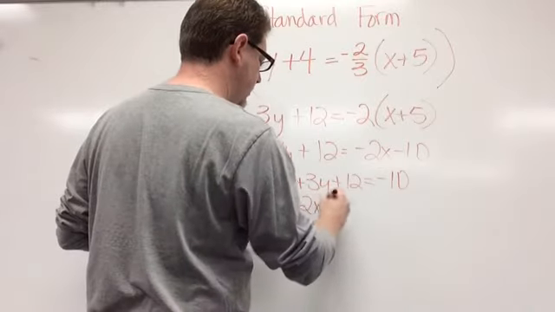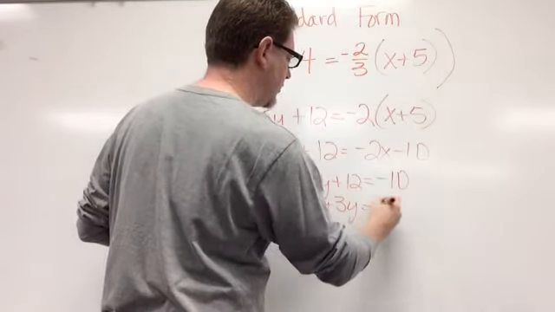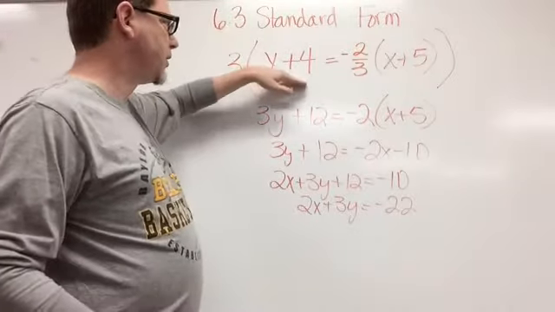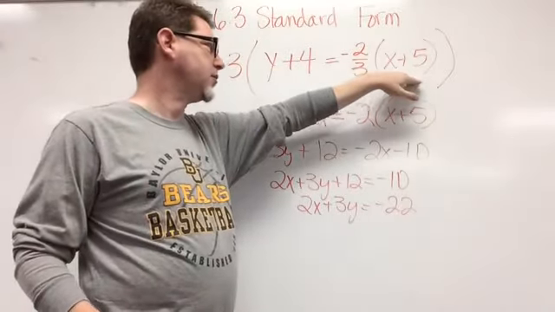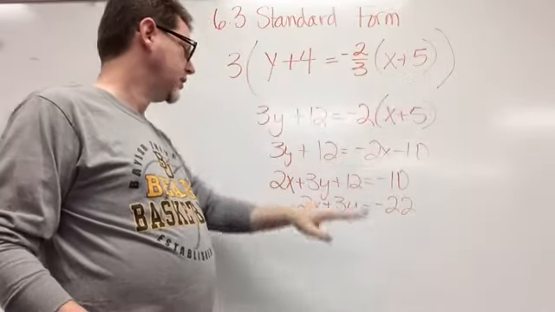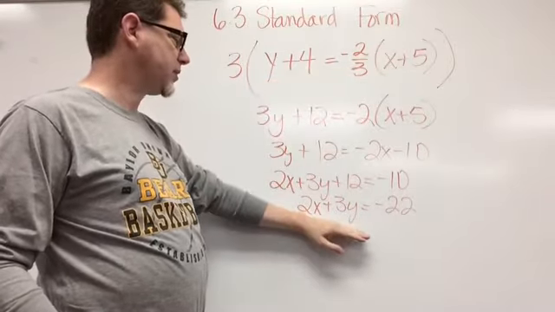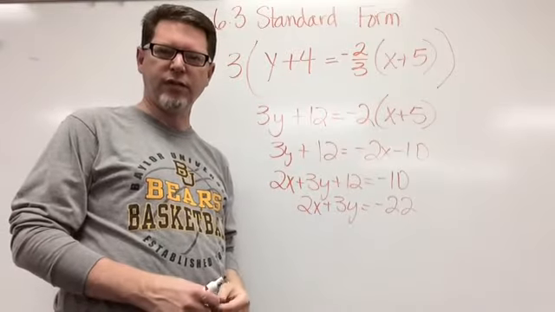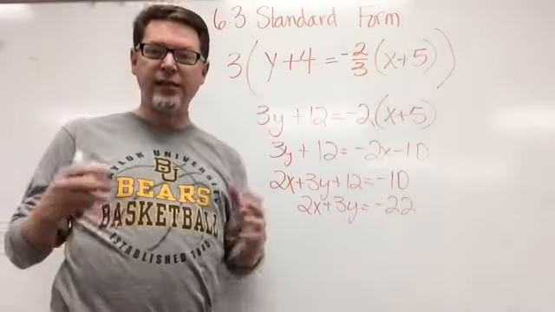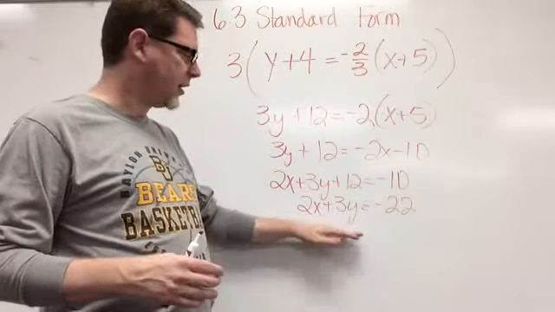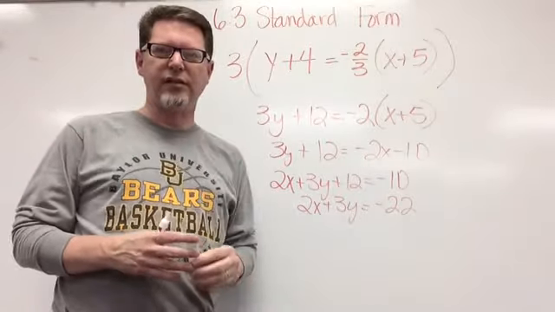So 2x plus 3y equals negative 22. So I went from y plus 4 equals negative 2/3 times the quantity of x plus 5 in point slope form down to 2x plus 3y equals negative 22. It's not a difficult process, but it takes a few steps, and you've got to be careful. Again, no fractions in standard form.